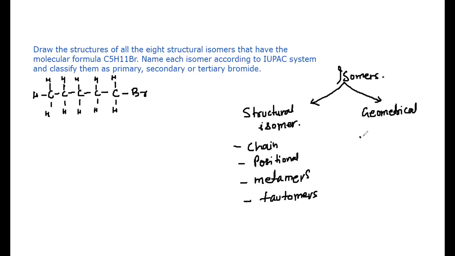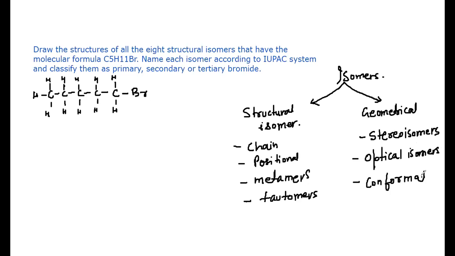Geometrical isomers are stereoisomers, optical isomers, and conformers or conformational isomers.